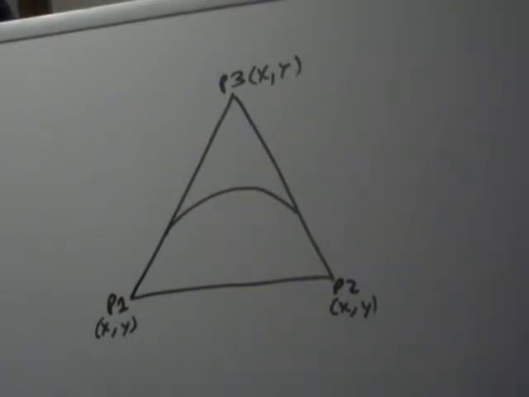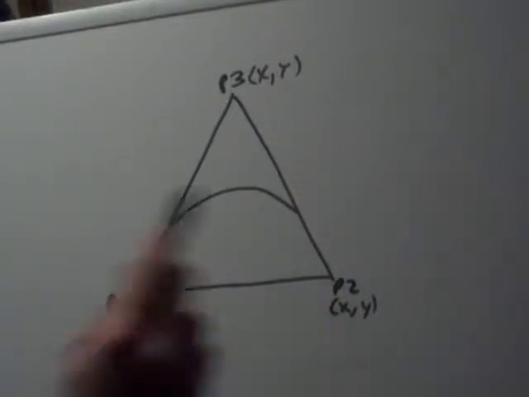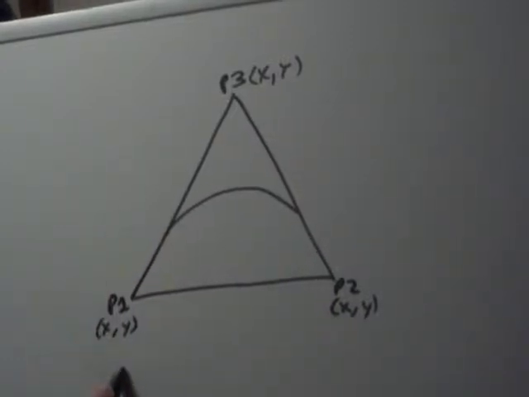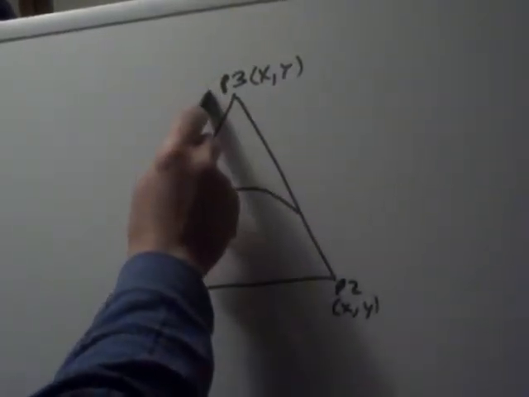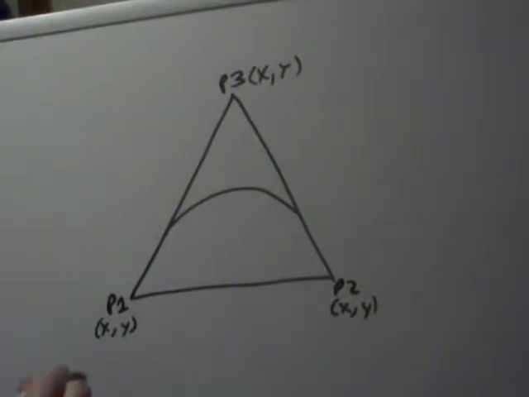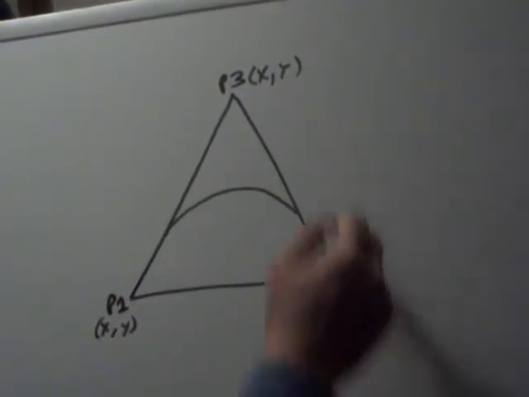We're going to have 3 points on this triangle. We have to have these 3 points to draw the Bezier curve, and I'll show you why in just a minute. So we have P1 here, P2 here, and P3 right here. As you notice, all 3 of them have X and Y coordinates.